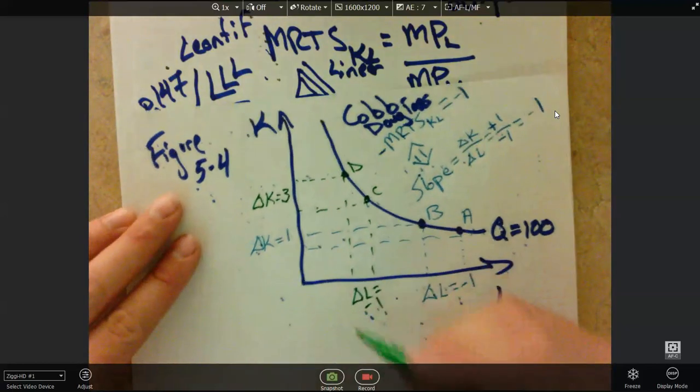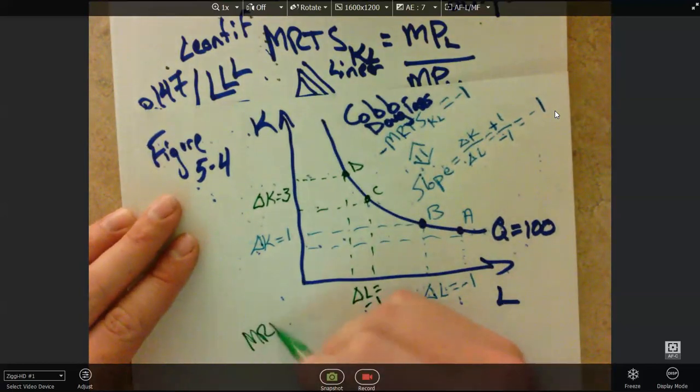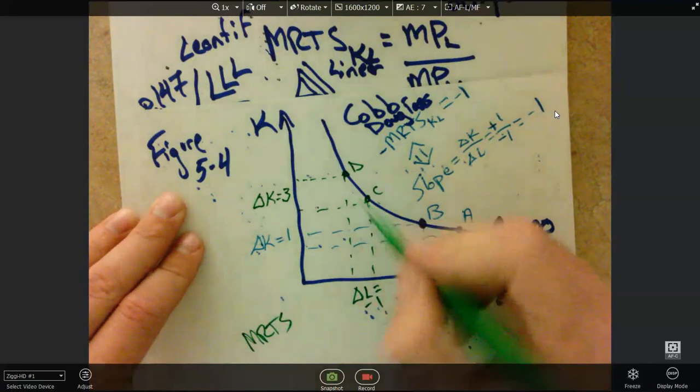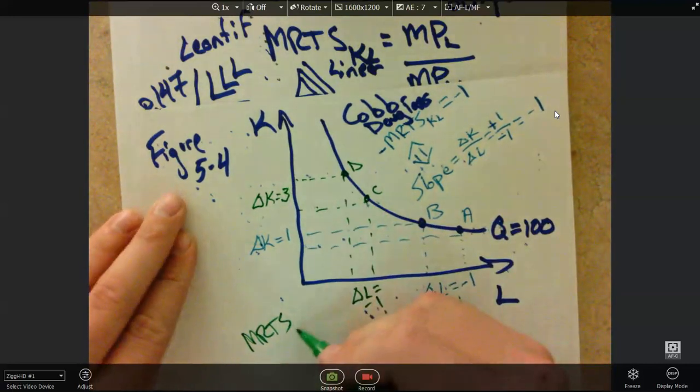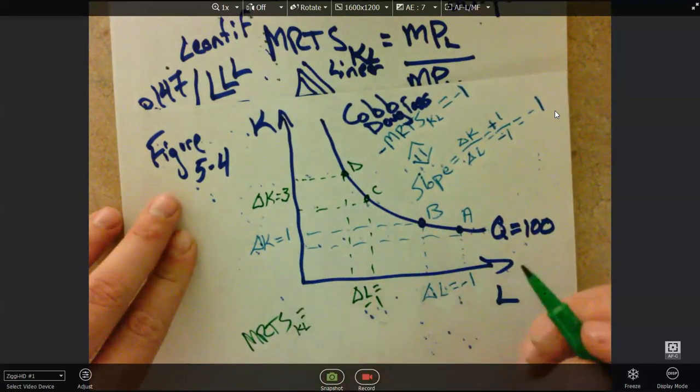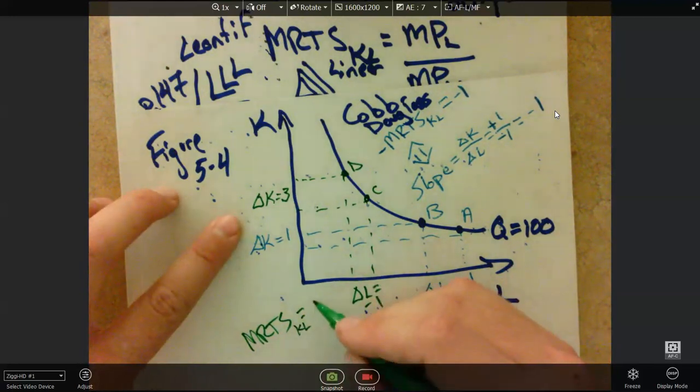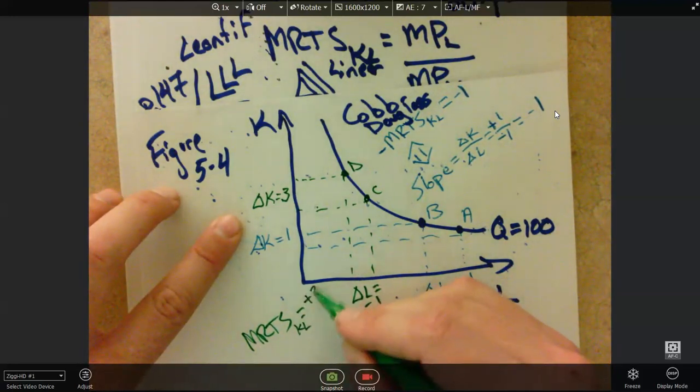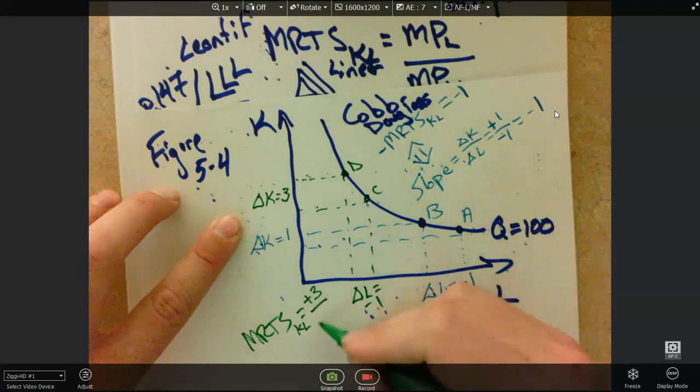So, what's our marginal rate of technical substitution as we get closer and closer to the capital axis in our graph? It's going to be the change in K, which is +3, over the change in L, which is -1.